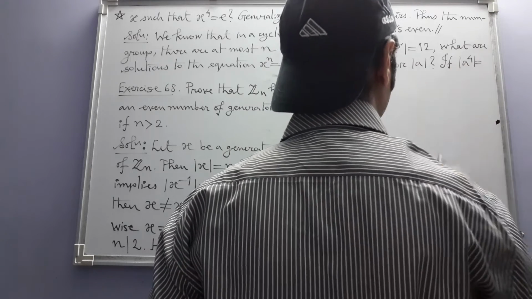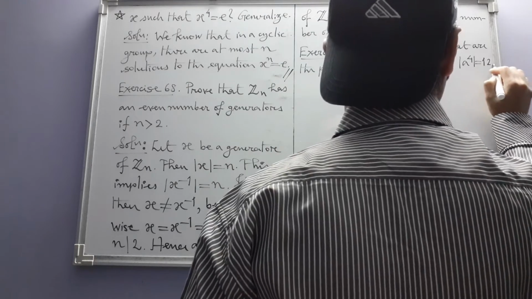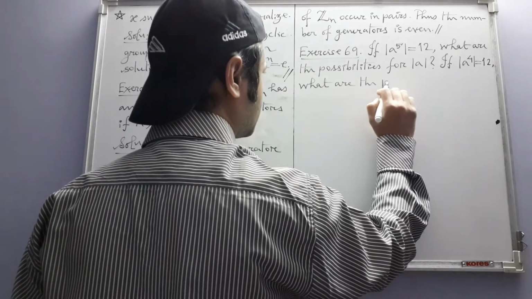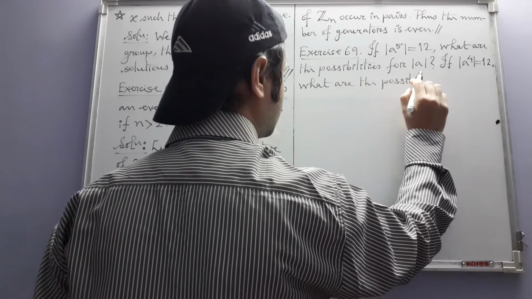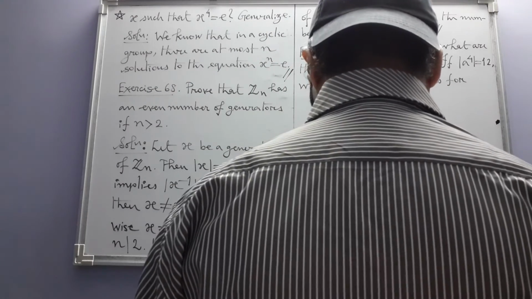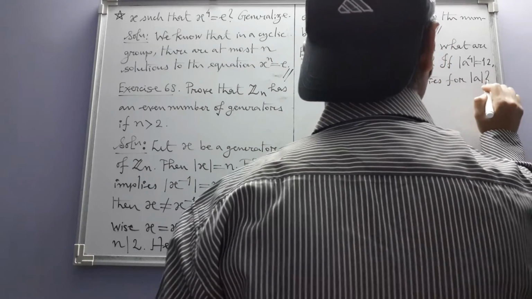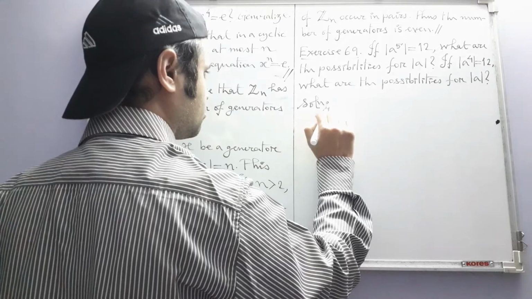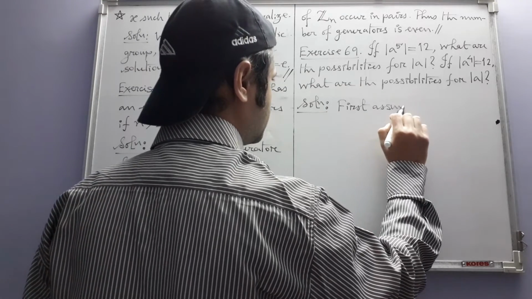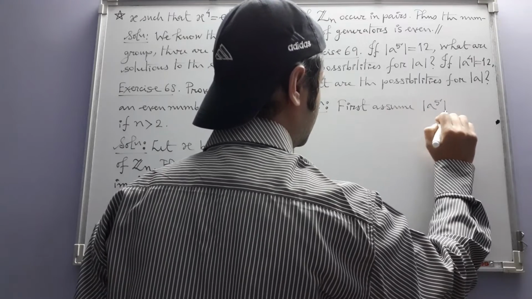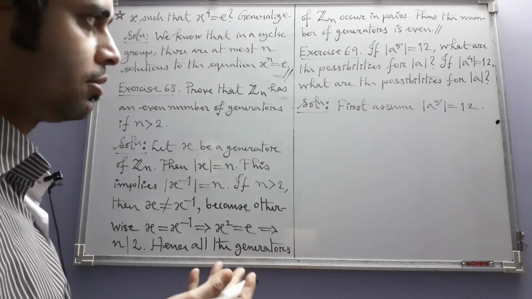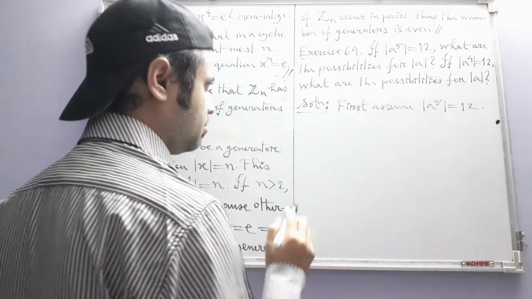First assume that we have this. Now we know the formula for the order of a to the power 5 in terms of the order of a, and we are going to use that.